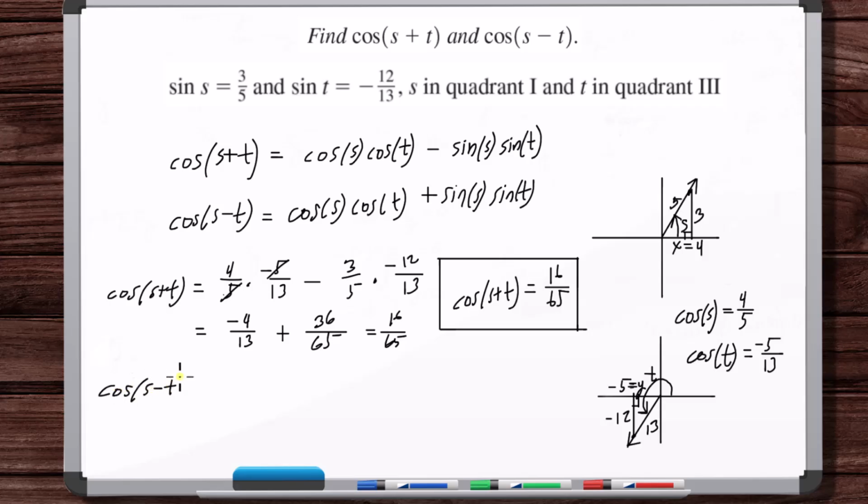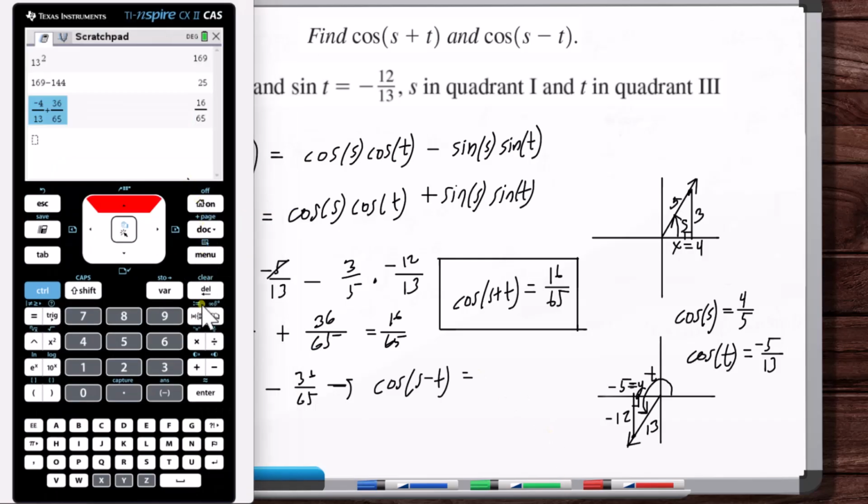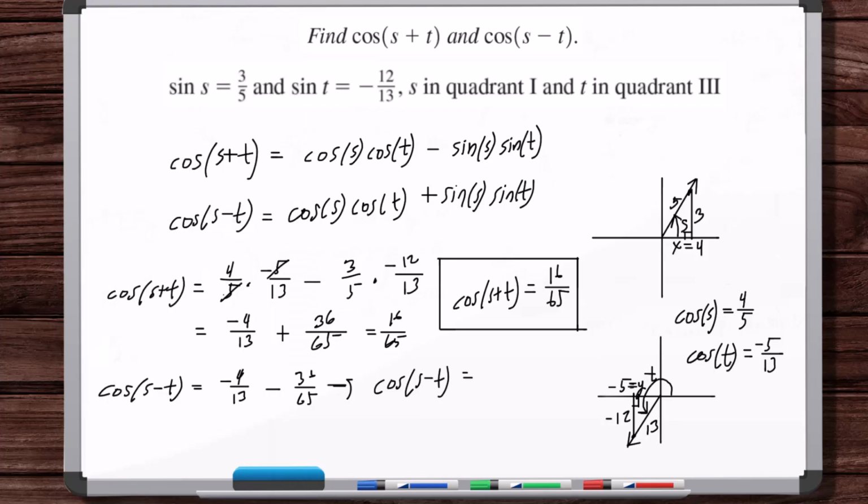Cosine of s minus t is, so cosine of s is, yeah, well, okay, it's going to be the same thing, you do minus 4/13 and then minus 36/65. Minus 56/65.